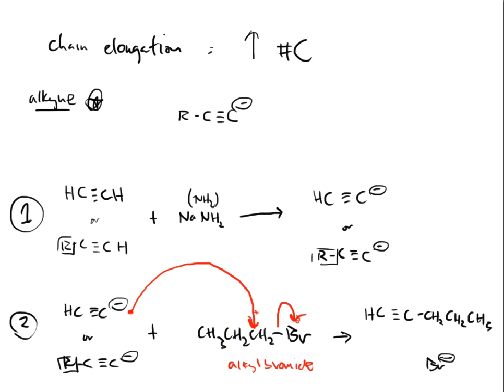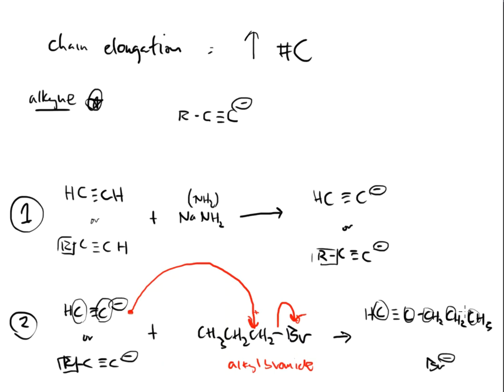This is how we elongate a chain at this point in the class. It's with an acetylide ion and an alkyl bromide. So I have taken a 2-carbon system, right here, and I have turned it into a 1, 2, 3, 4, 5 carbon system. We've elongated a chain.